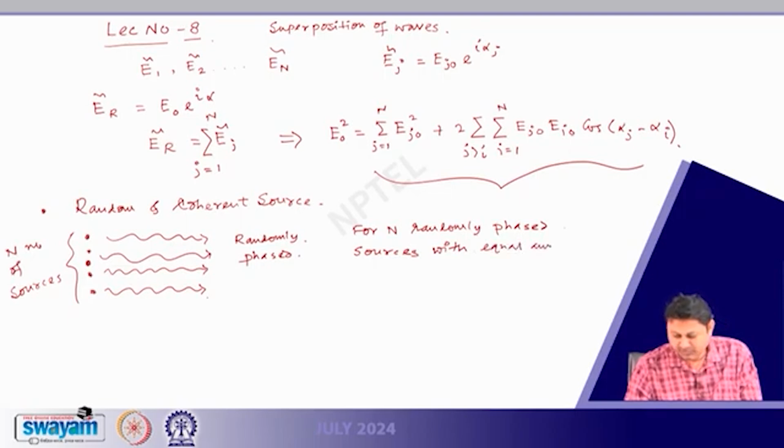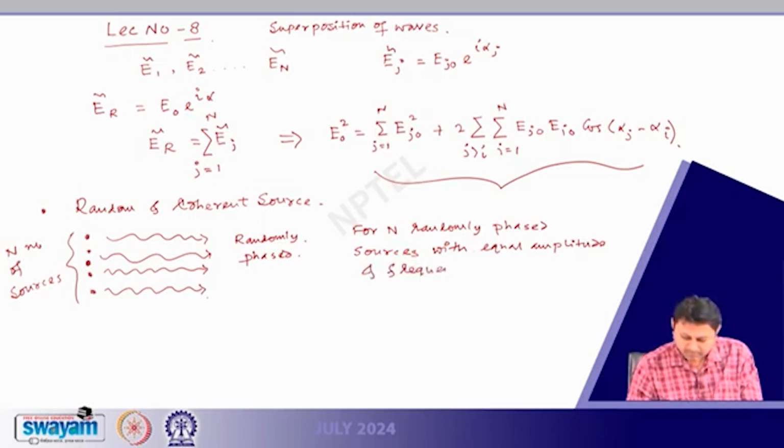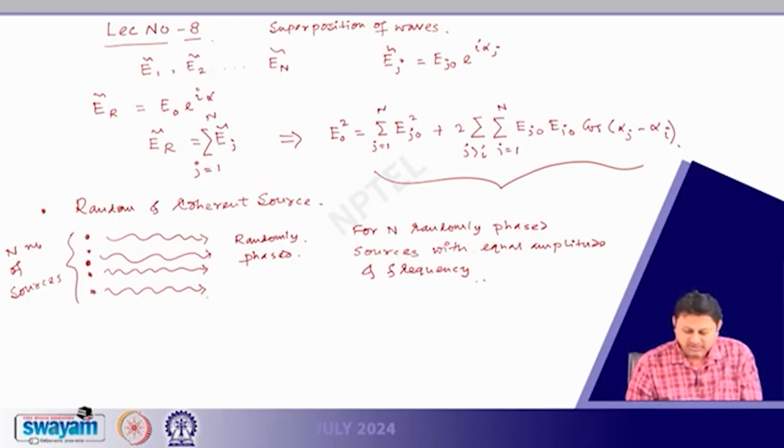Let us consider the amplitude to be equal for simplicity, and the frequency as well. So we have n number of sources whose phases are randomly oriented, and we also consider their frequency and amplitudes to be the same.